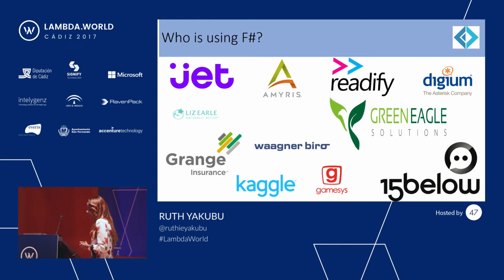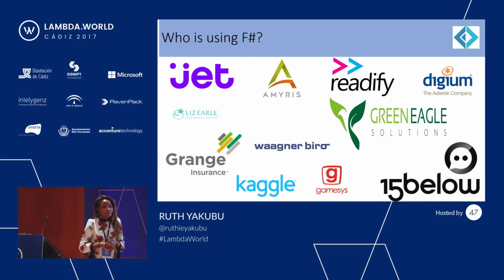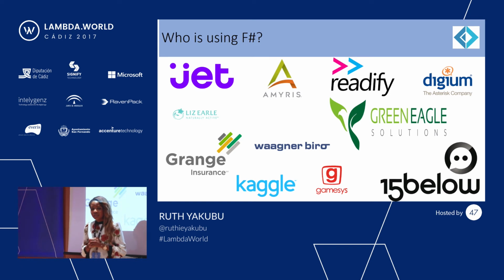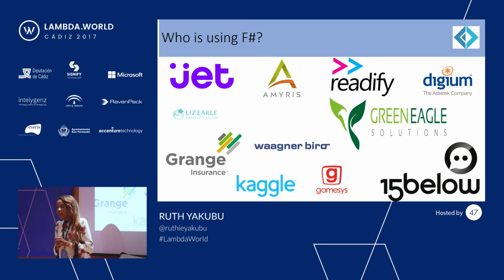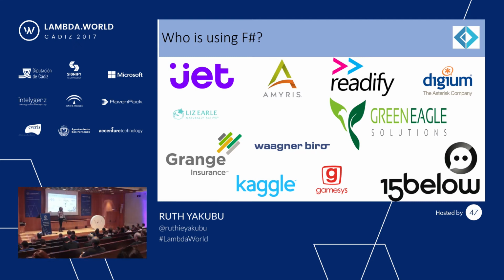Then another company is Amyris. So Amyris is more, they deal with DNA type of stuff. So they were having issues sitting there and categorizing DNA type of information. So that's a lot of heavy computation and categorizing of, what's it called, DNA.